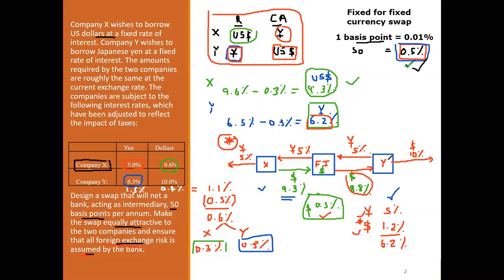So here I assume that even the financial intermediary wants its return only in dollars. From this 9.3% dollar return the financial intermediary is getting, it will charge its fee.